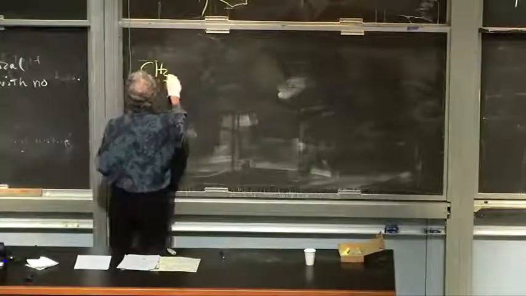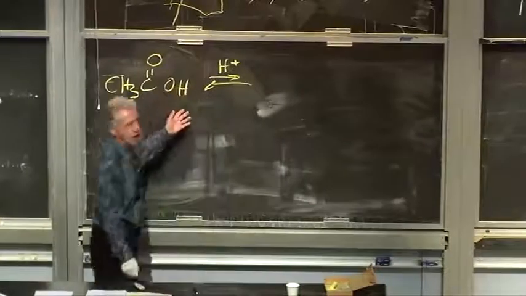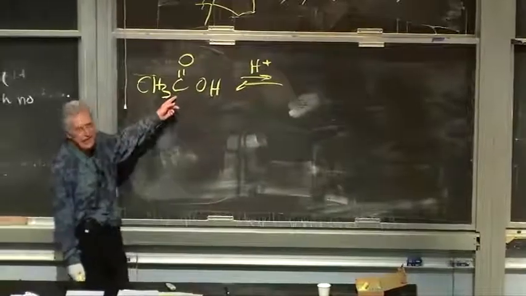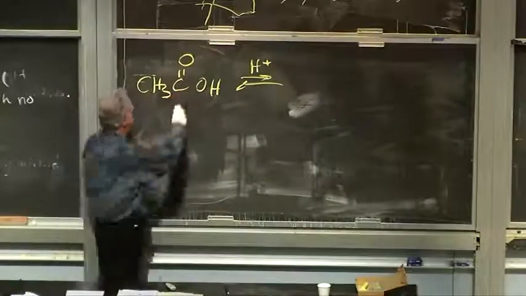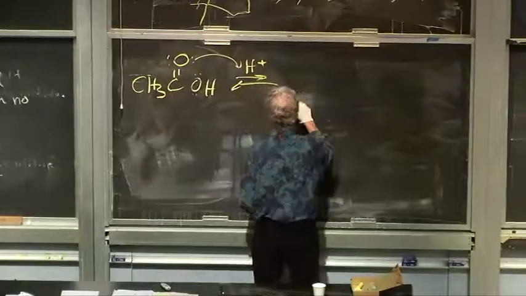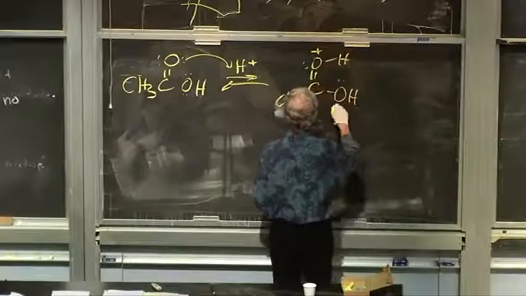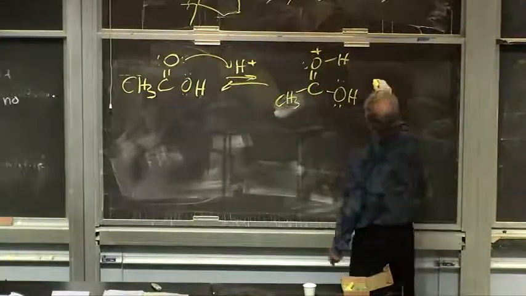So let's do it for the acetic acid plus methanol. Everything is reversible. Methanol is not a strong enough nucleophile to attack the relatively unreactive carbonyl of a carboxylic acid, so we improve the electrophilicity of this carbon by protonation. Now this carbon is a much better electrophile. Now it gets trapped by methanol.